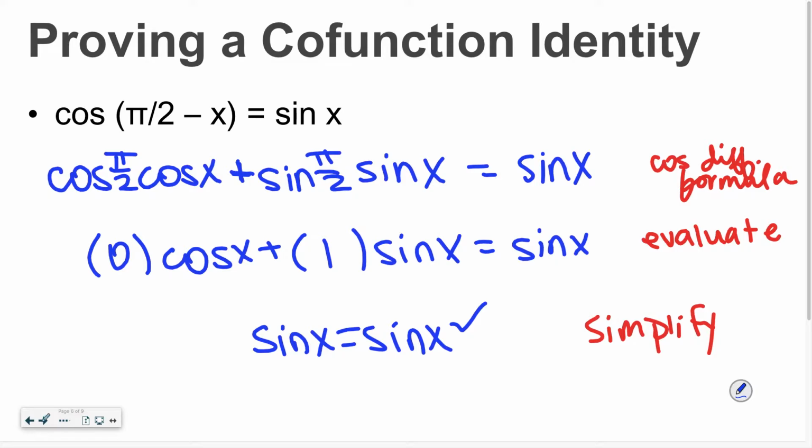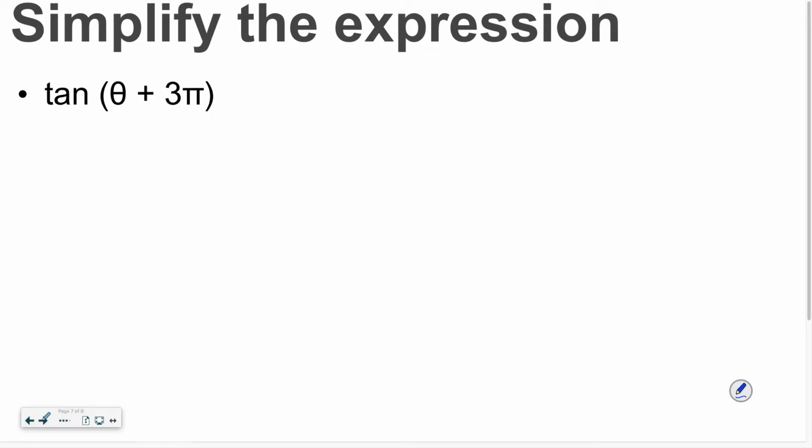Now go ahead and take a look at your tangent formula. The tangent formula has a little bit more to it. It's a fraction, and we have two of those signs to worry about, plus minus and minus plus. But that's okay.